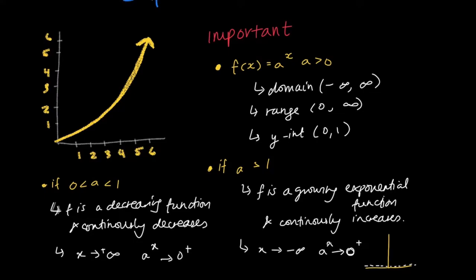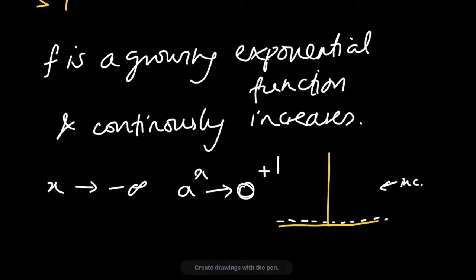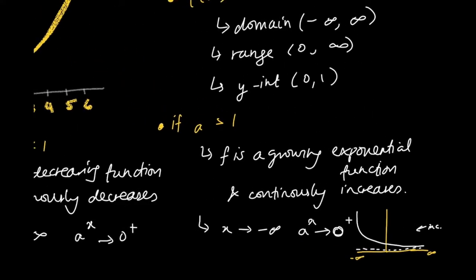So the function would kind of look like this, meaning it would come really close to the asymptote but never actually touch. And this one is increasing, and a decreasing one would just look the exact opposite. And it will go on to infinity. Yeah, so I hope that makes sense.